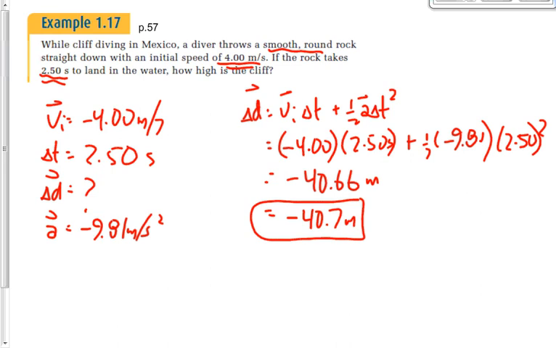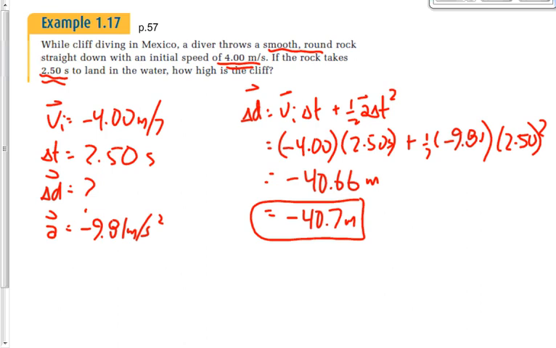Is that the height of the cliff? That's how far the rock fell. Isn't that the same thing? Almost. If the rock fell negative 40.7 meters, right? Negative because it fell downward, then what's the height of the cliff? We're not making a big jump here, guys, okay?